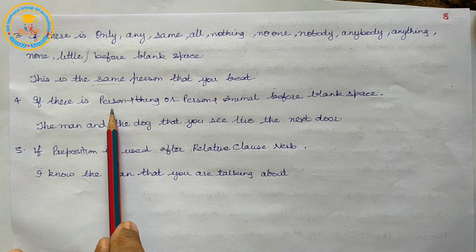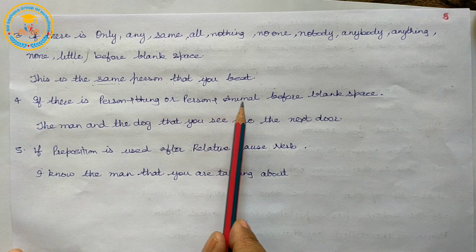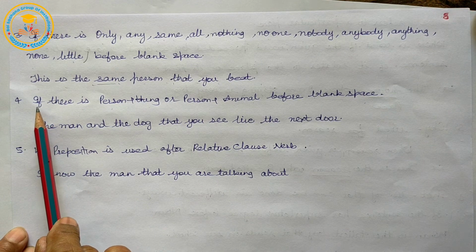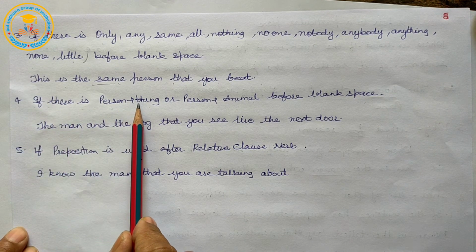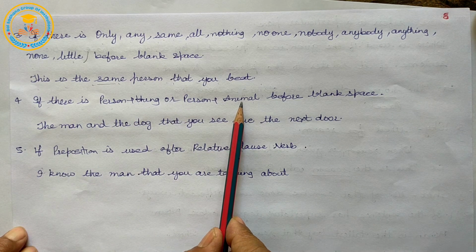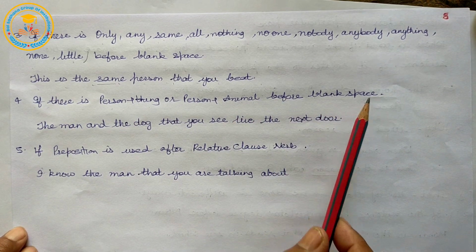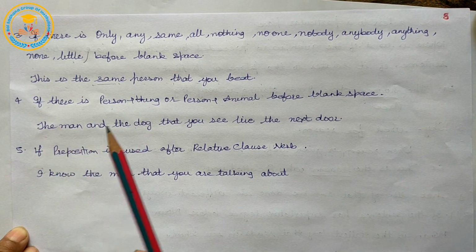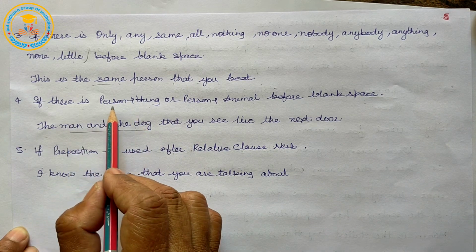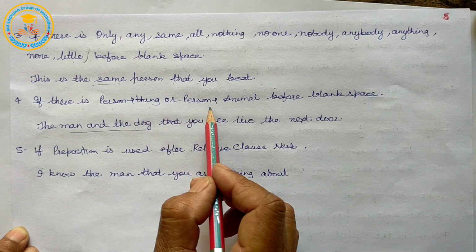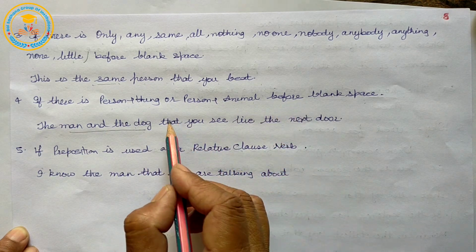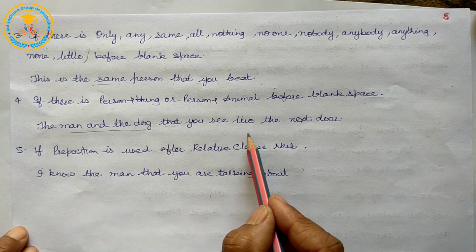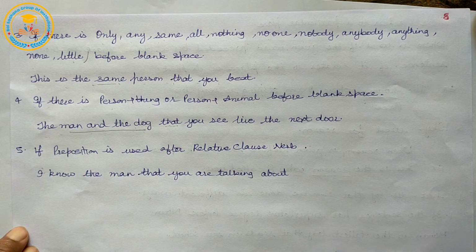If there is person plus thing or person plus animal before the blank space, then we use that. Example, the man and the dog that you see live next door.